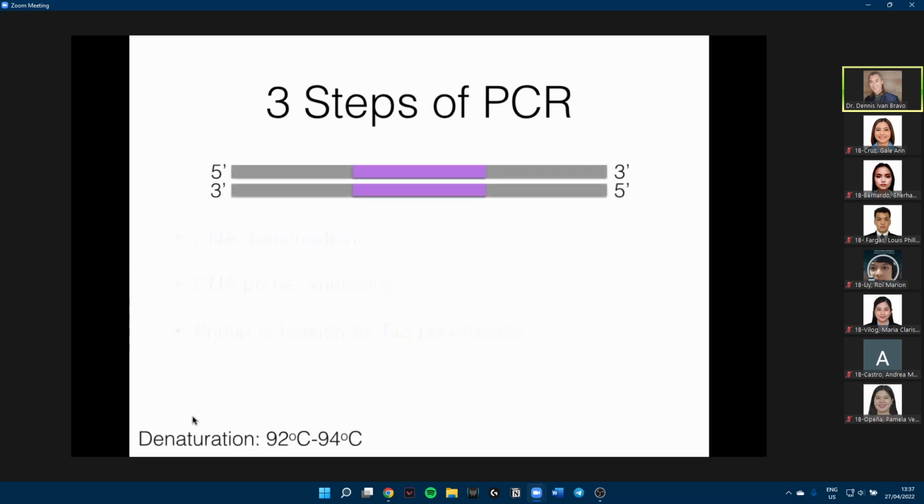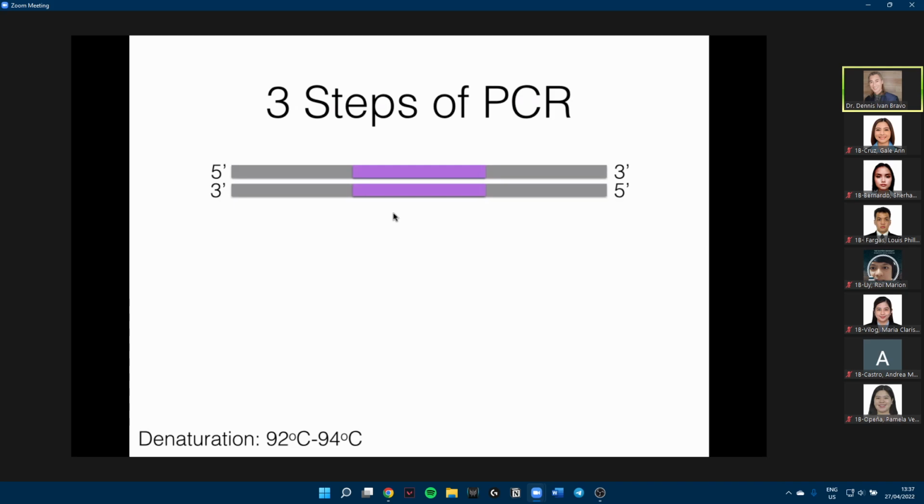So let's illustrate those 3 steps. Let's say these are the parental DNA strands. Highlighted in violet is the segment of DNA we wish to amplify, replicate, or multiply. The first step is to separate those 2 parental strands from each other.